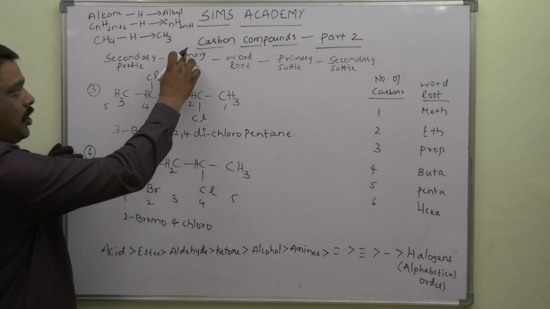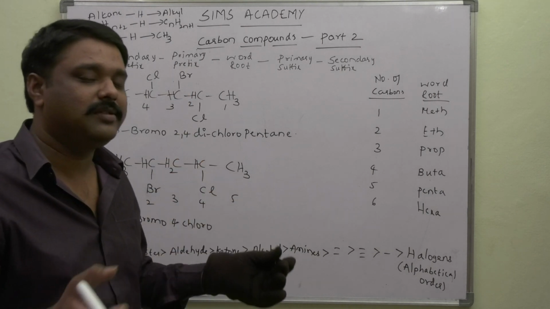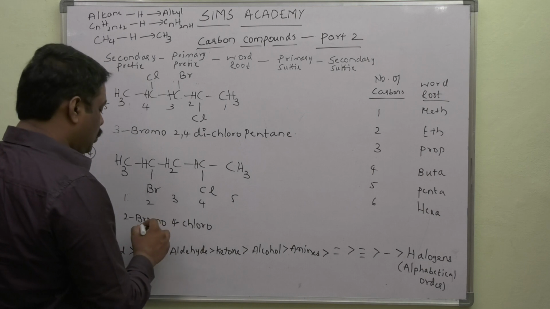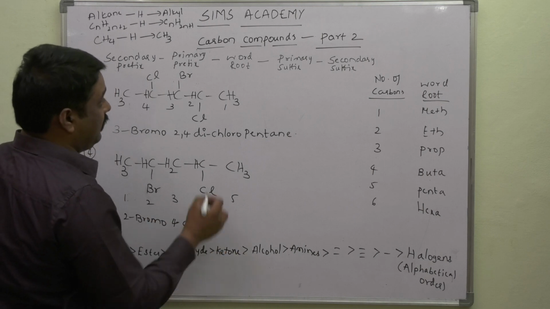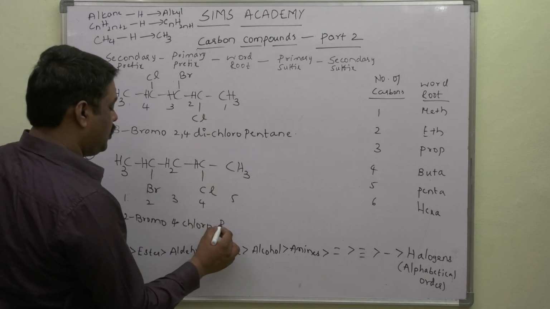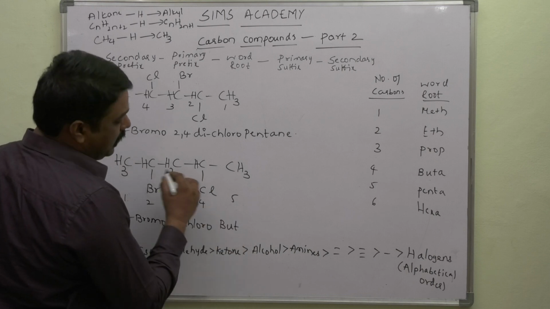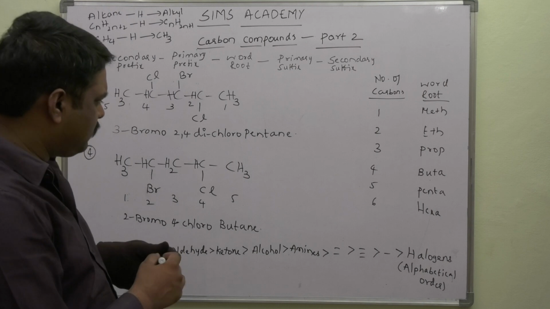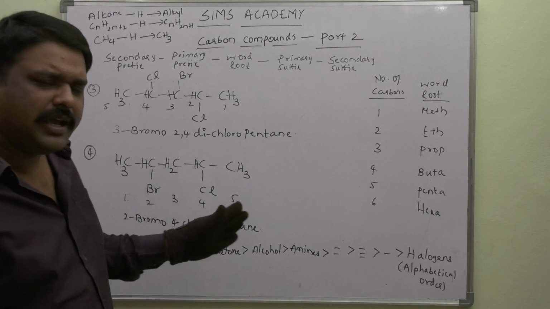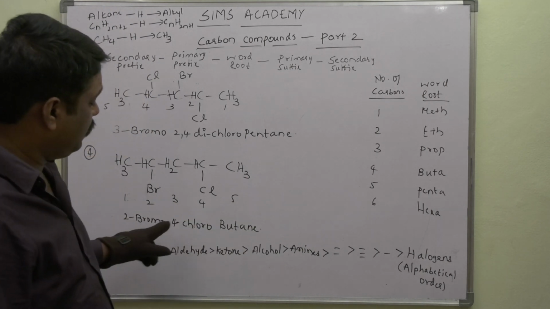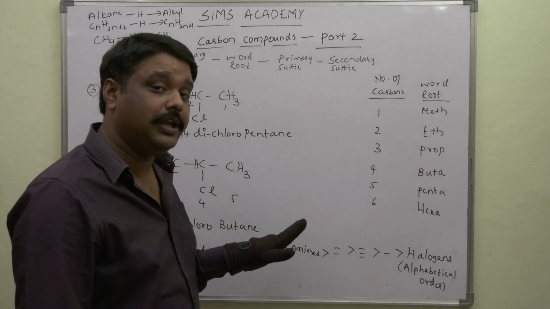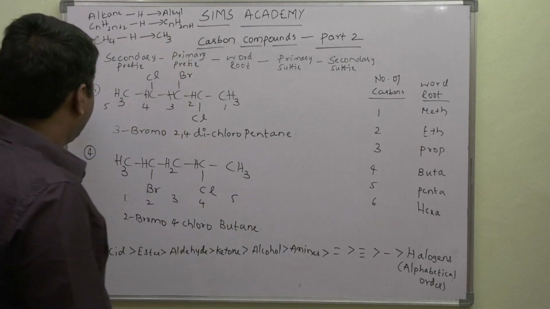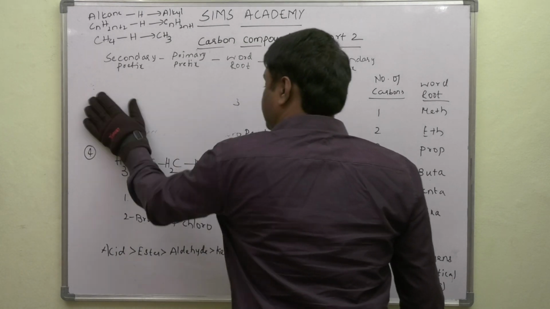After that, no primary prefix because it is not a cyclic compound. Hence, 2 bromo, 4 chloro. Coming to word root, it is bute. All are single bonds, butane. That means, ఇంత సింపుల్గా ఇచ్చాం చూడండి. 2 bromo, 4 chloro, butane. Let us move on to the next one.